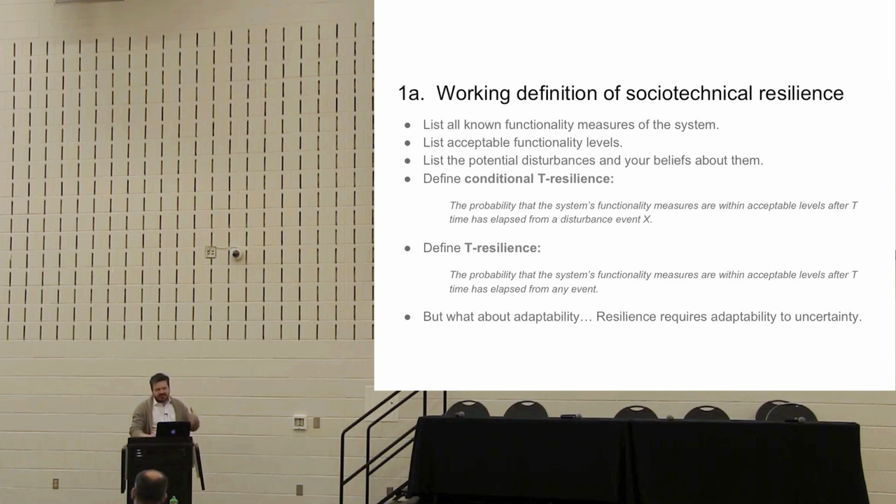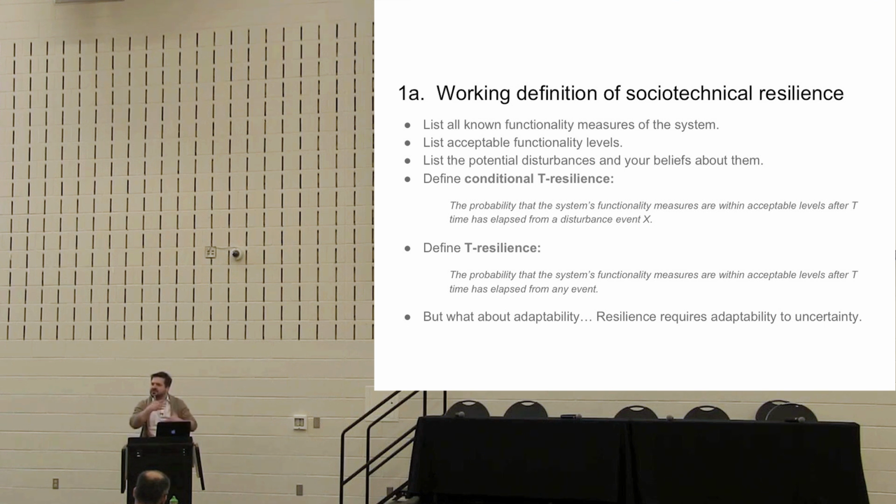But then again, this is very static. So what about adaptability? How can adaptability come into the picture? So then we said that the system really should have inside it an intelligent agent or a group of agents or a committee, if you like, that continuously monitors these things.